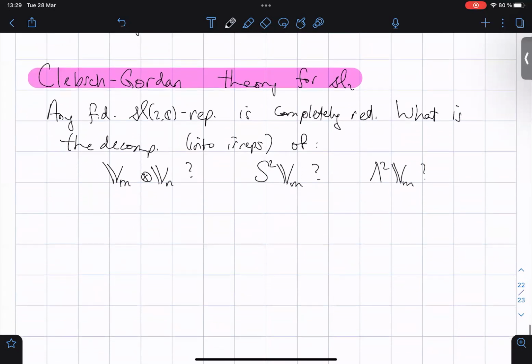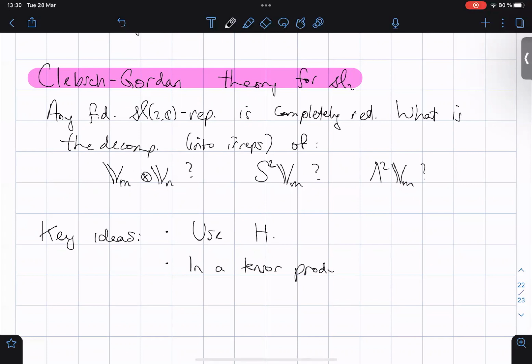So the key idea, just like in the classification that we had before, is to use H. That's really the main idea. We're going to see how to do this now in several examples.